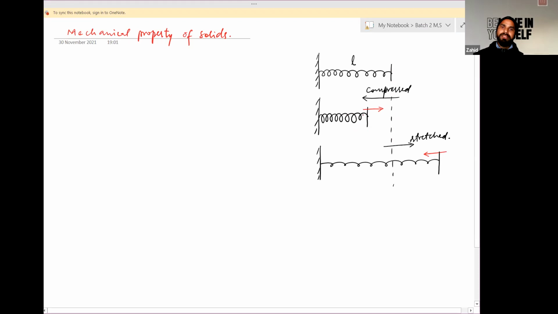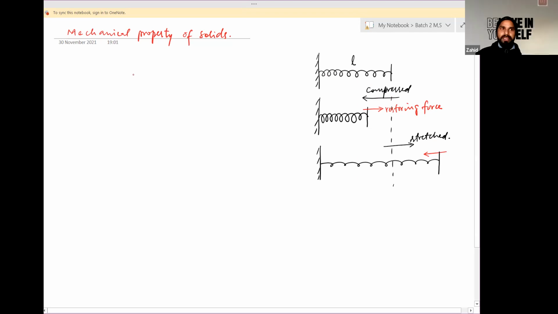This force which gets developed into it due to this deformation is called restoring force, and this will also be restoring force. This tendency of a spring, by which restoring force gets developed due to compression or expansion, is called elasticity. Is it clear? Yes, sir.